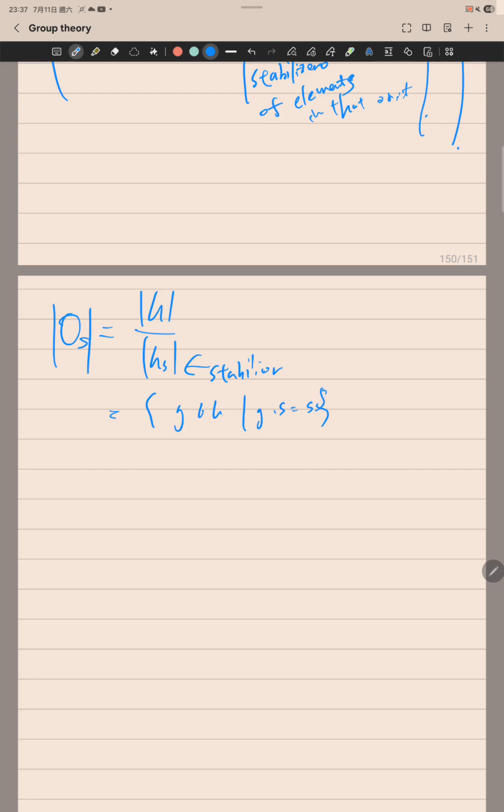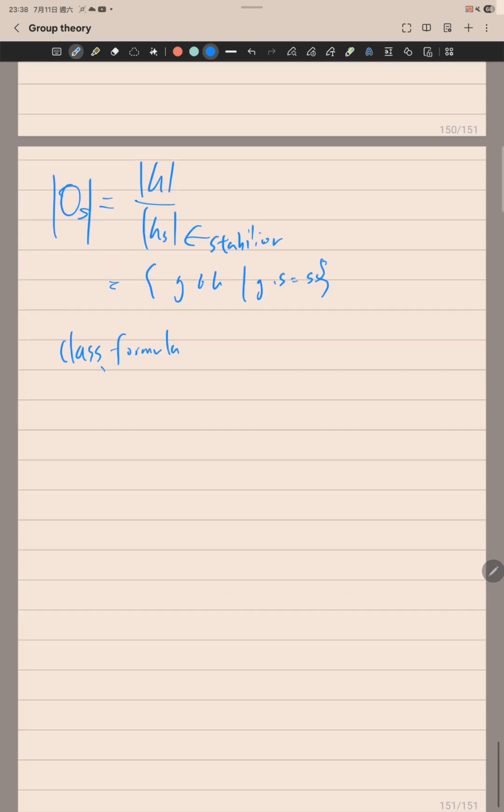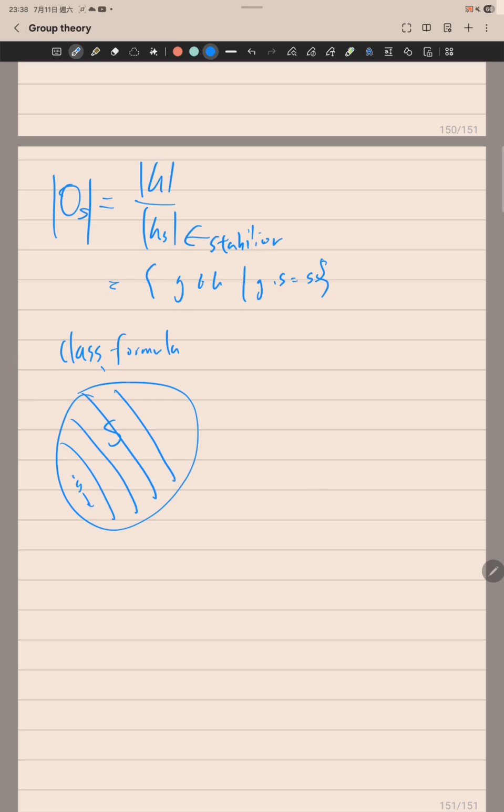Now we are going to introduce the most interesting object, the so-called class formula. So this is S, right? If I start with an element S1, it will generate its orbit O_S1, and maybe S2 here will generate some orbit O_S2, O_S3, and keep going.